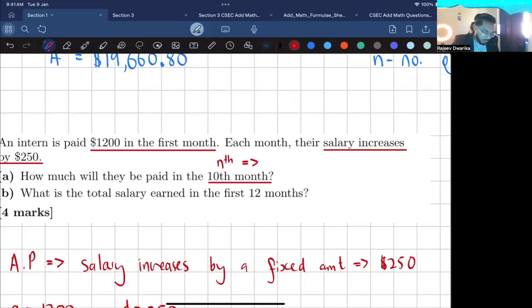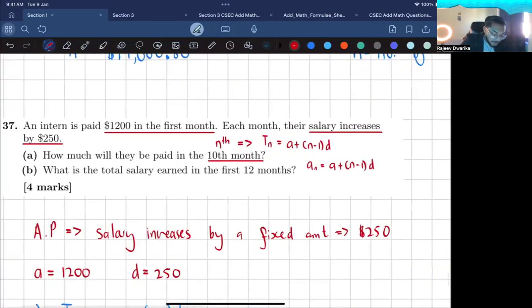T of n. Okay. Some would learn like that, some would learn like this. It's the same thing. And if you see total, automatically that means sum.